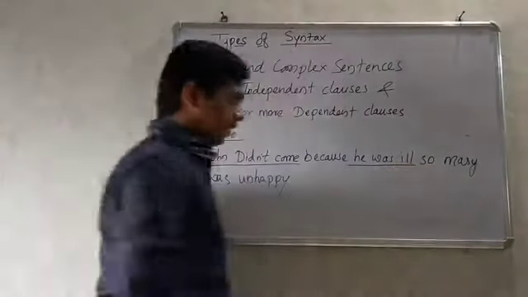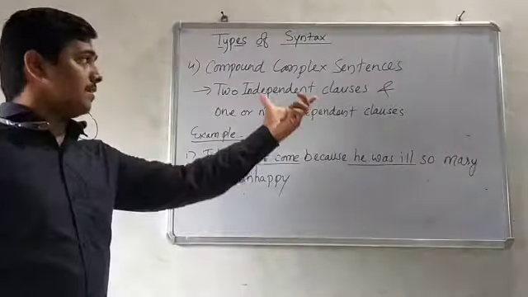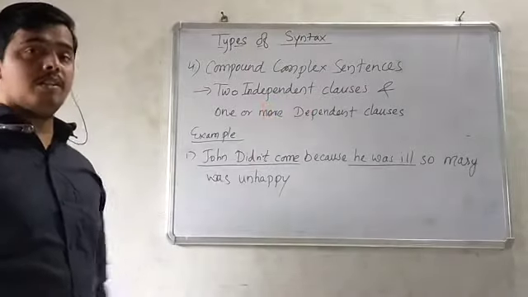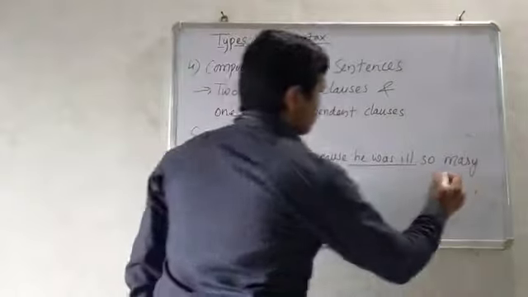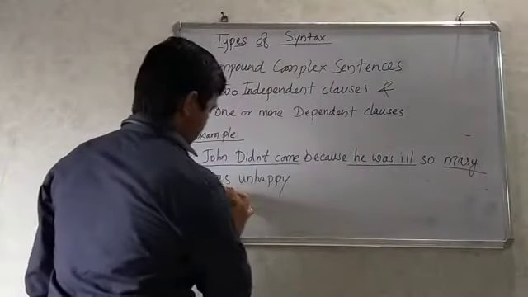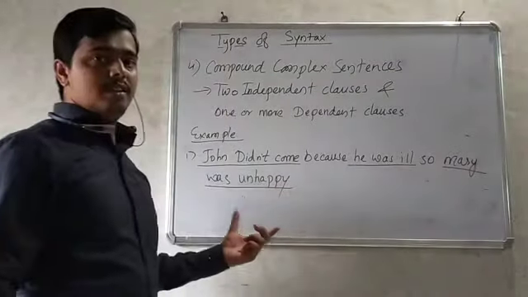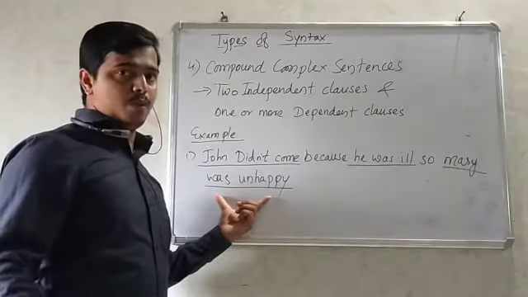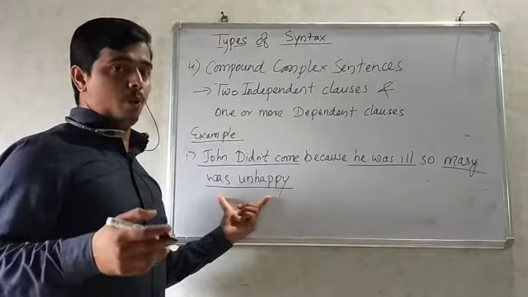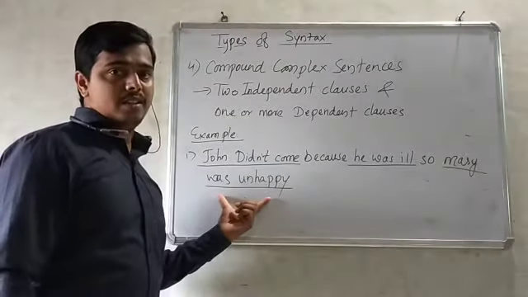Because he was ill, he was ill, this is the second independent clause. What are the dependent clauses? Mary was unhappy. If I say Mary was unhappy, you may ask what made her unhappy.